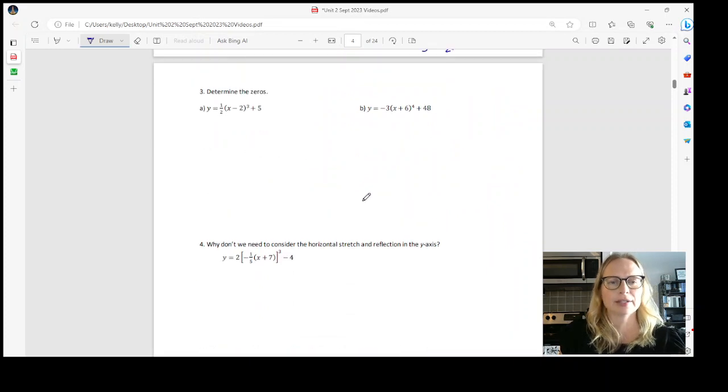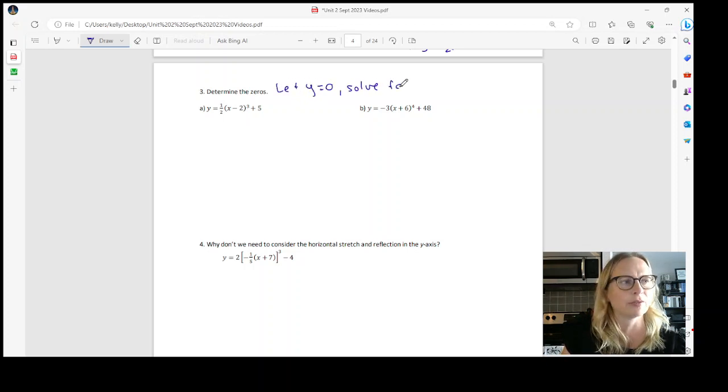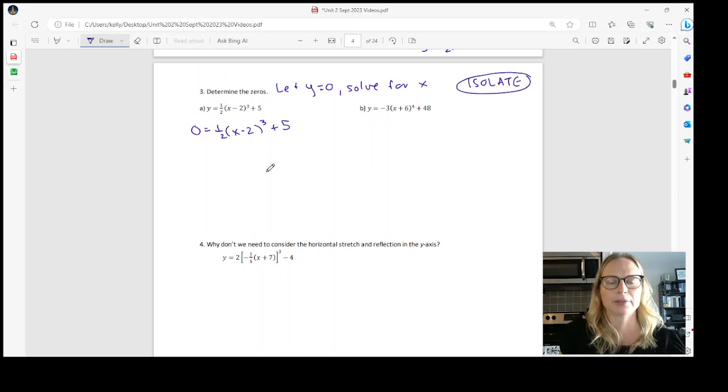So another skill is to be able to determine the zeros. So remember, to find a zero, we let y equal 0 and we solve for x. So if y is 0, what can we do to isolate our x value?